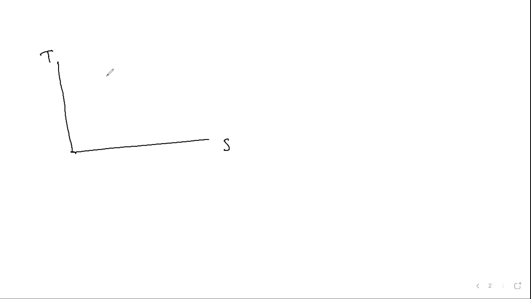Then let me draw the diagram. So my diagram will be like this. So I label the points. Let this be point 1. Let this be point 2. Let this be point 3.